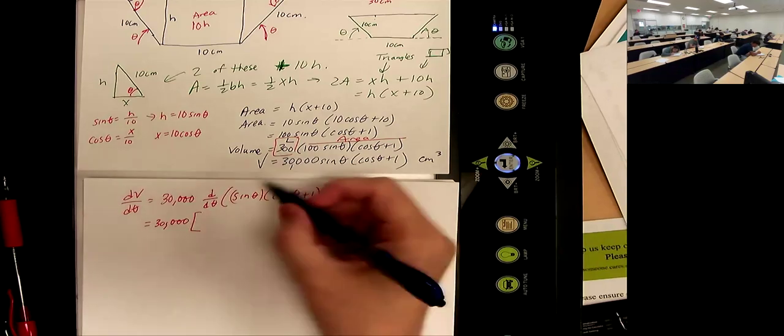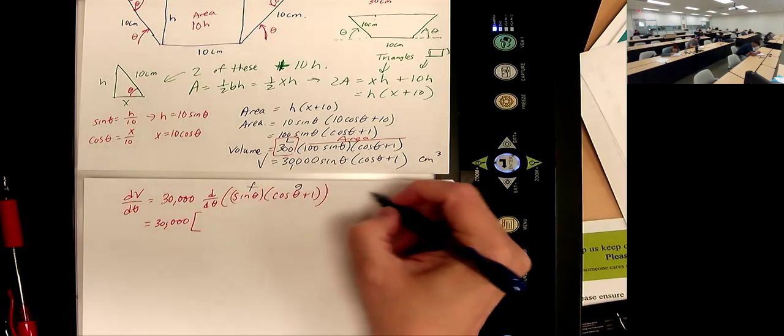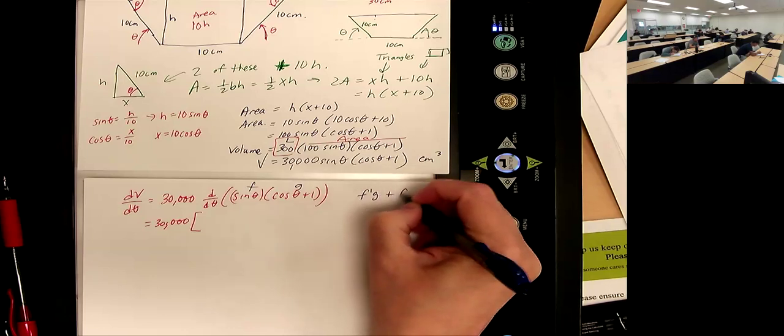If I label this F and G, I need F prime G plus F G prime.